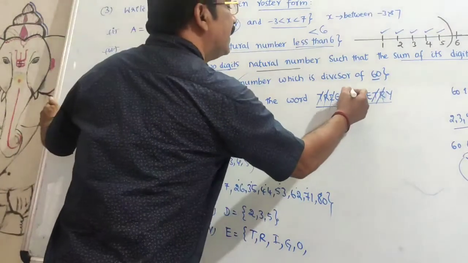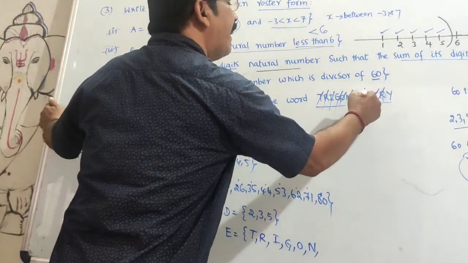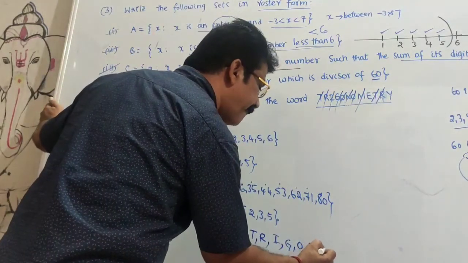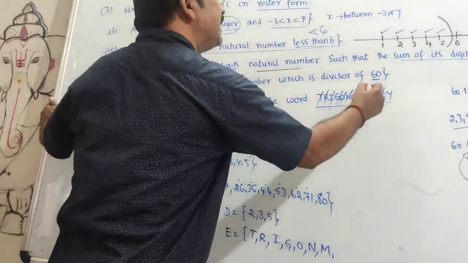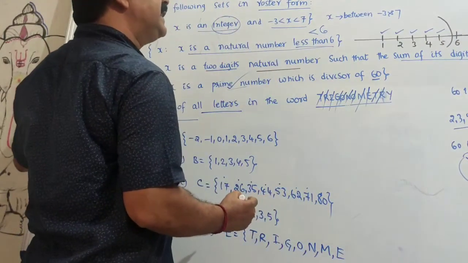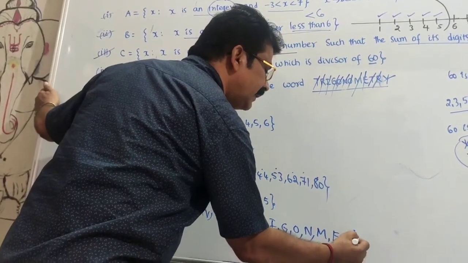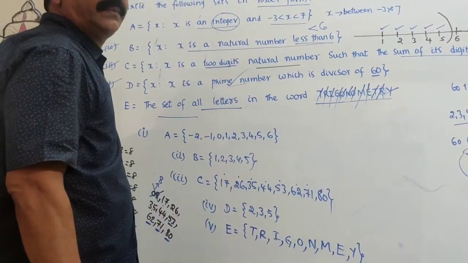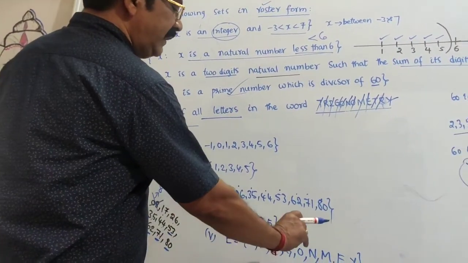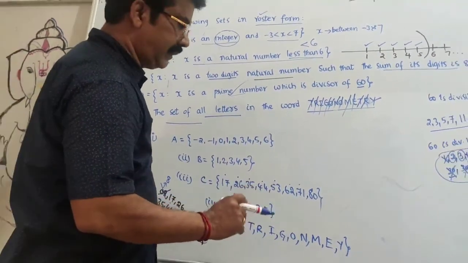O. Next N. Next M. Next E. Next Y. How many times each occurs is not the criterion. Therefore, just write it only a single time and you need not follow the order.